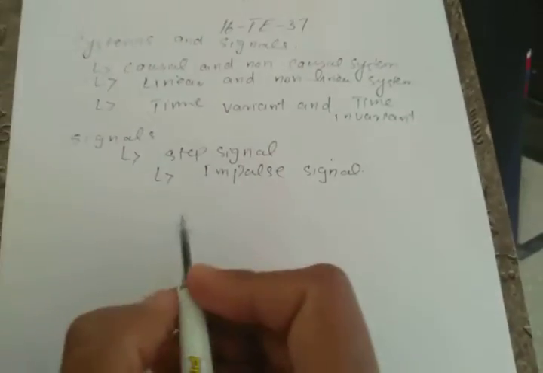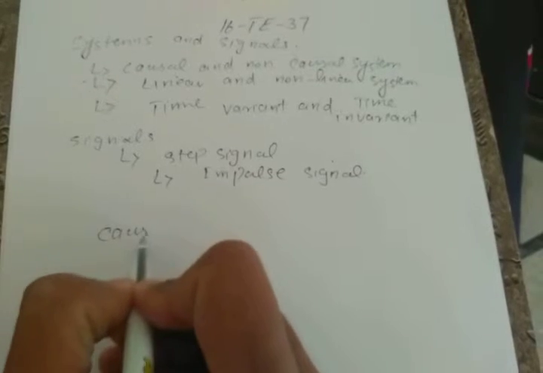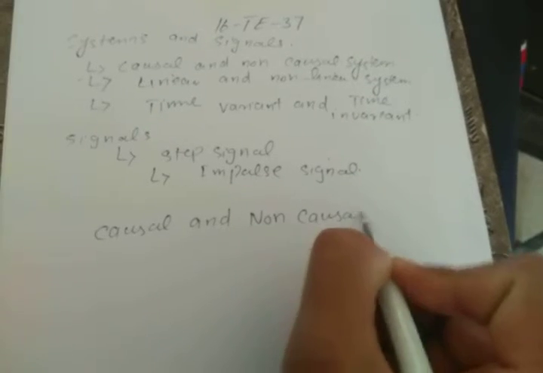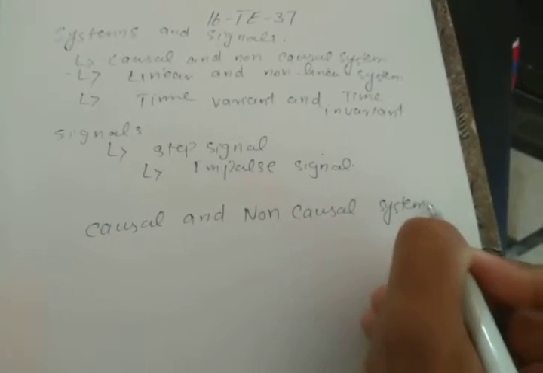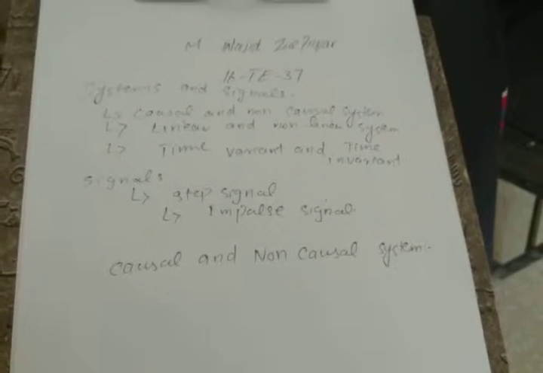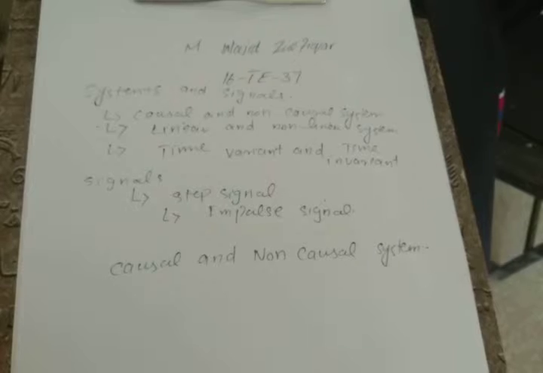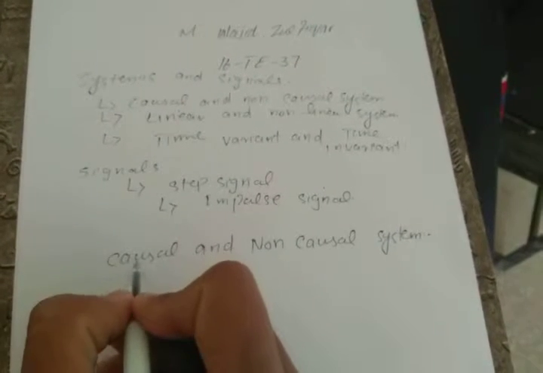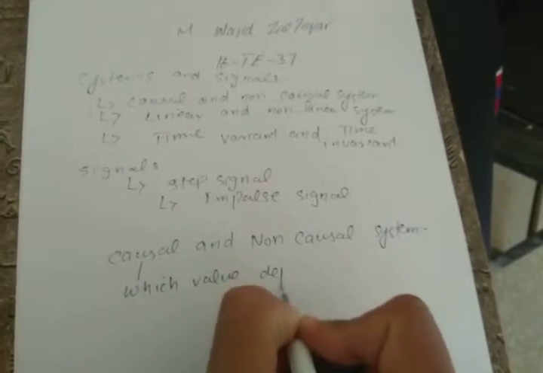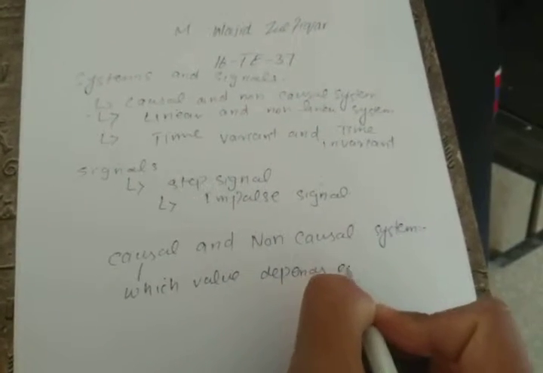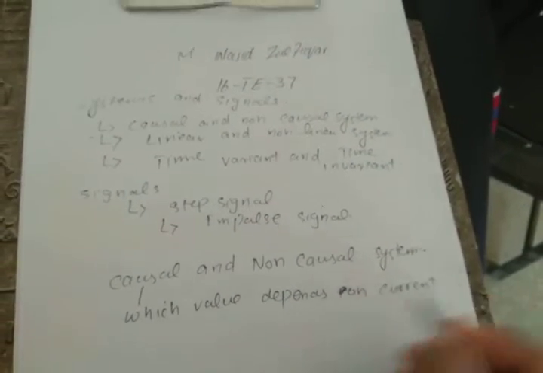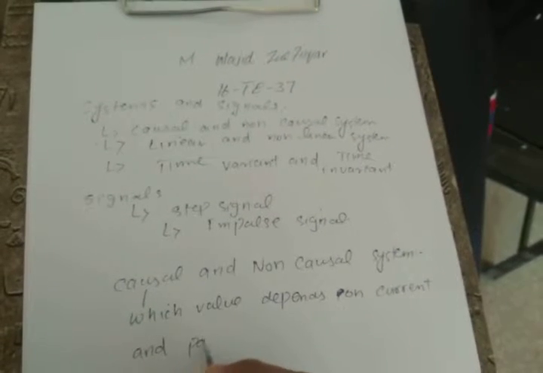Now let's start our discussion with the causal and non-causal system. As we know, systems are of great importance in our daily life. So causal systems are those systems whose value depends on the current and past value of the system.